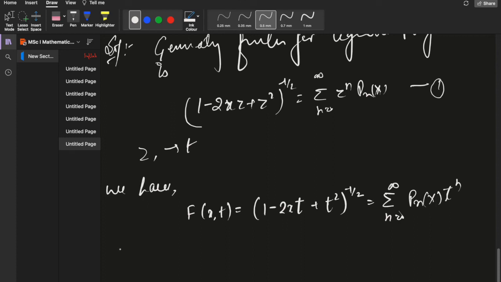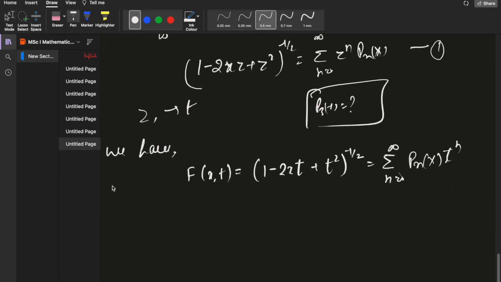Simply, in the question we have to calculate the value of P3(-1). That means we need x equal to minus 1. So simply put x equals minus 1 in this equation, equation number 2.